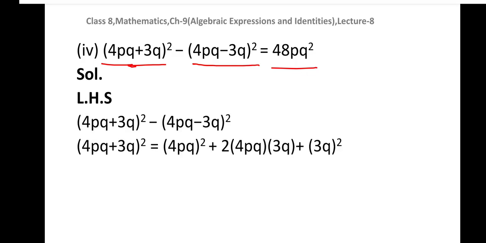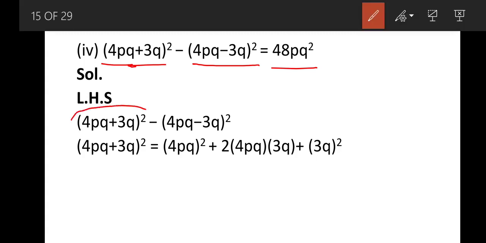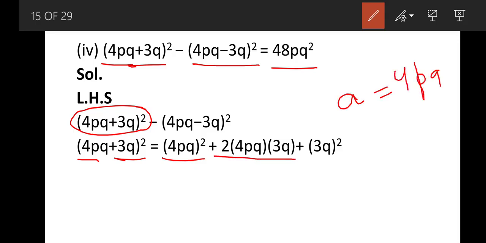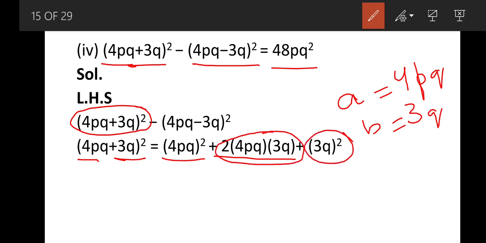First of all, I am just solving this part. This is what I have written here, a plus b whole square, it is a square, that is 4pq square, plus 2ab. In place of a, what is present? 4pq. In place of b, what is present? 3q. So a square plus 2ab plus b square.